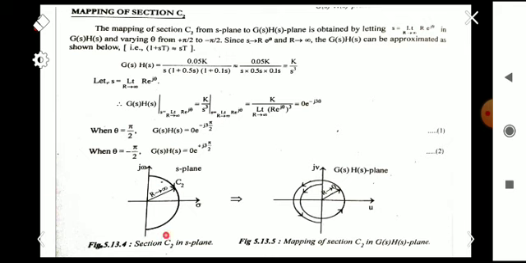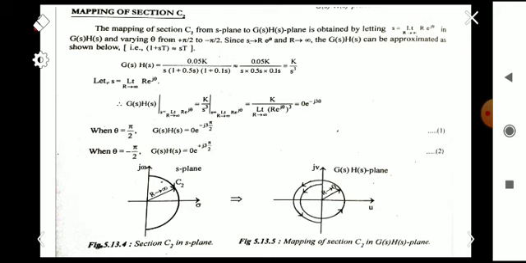So pi by 2 to minus pi by 2 is varying, and we are substituting the value of theta. For theta equal to pi by 2, G(s)H(s) is 0 into e raised to minus j3 pi by 2. For theta equal to minus pi by 2, G(s)H(s) will be 0 into e raised to plus j3 pi by 2.